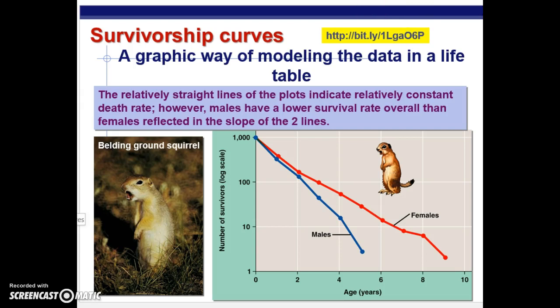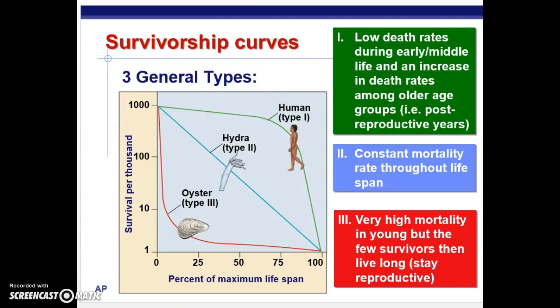So now the different types of survivorship curves we have are simply called type 1, type 2, and type 3. A type 1 curve is relatively flat at the start, which reflects a low death rate early in life, and then the death rate increases among the older age group.